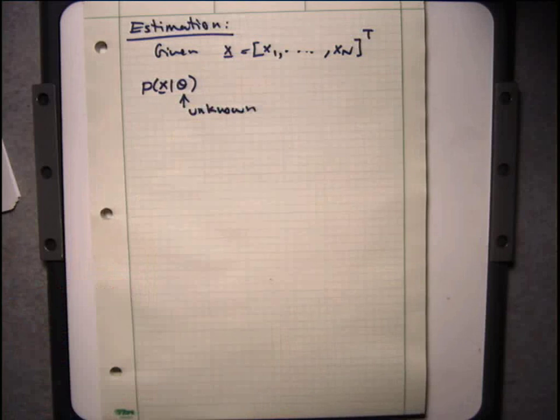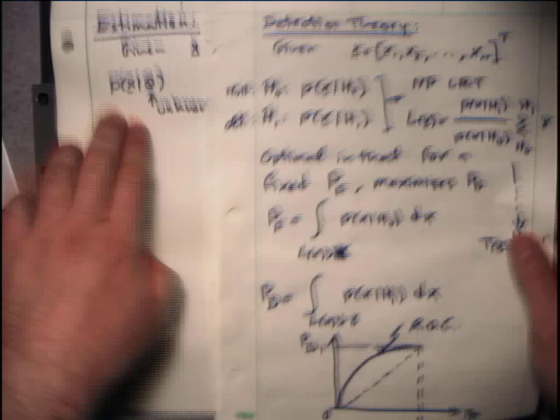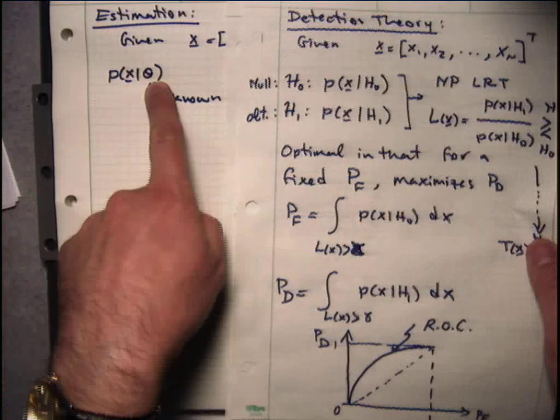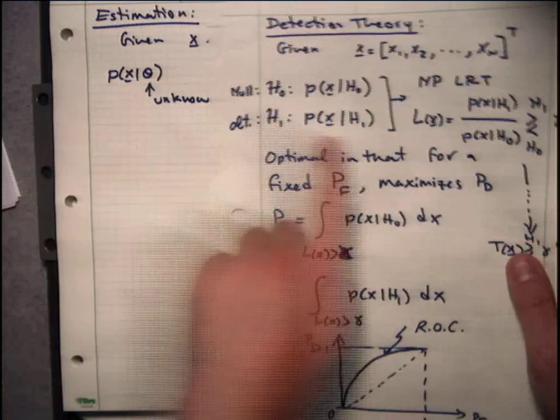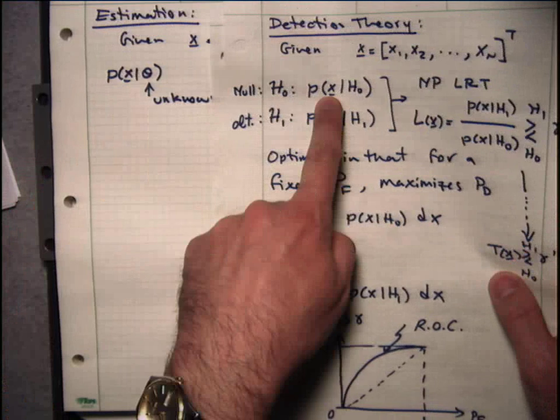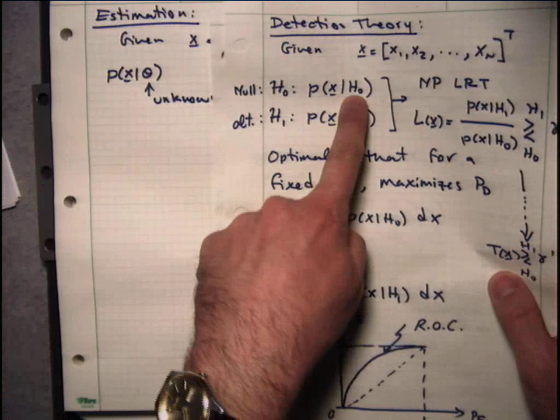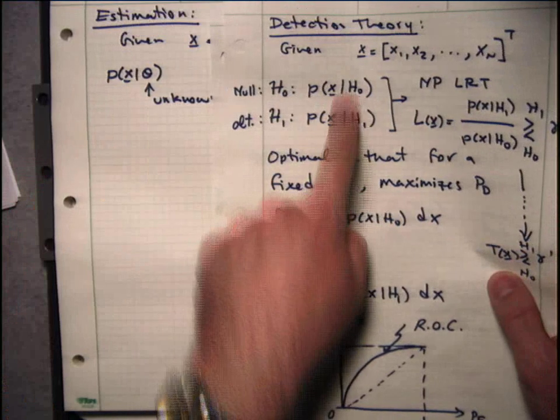parameter. Okay, now let me just step back for a second to the detection scenario. Look at what we're writing here: p of x given theta, where theta is the unknown, right? What did we do for detection? We have p of x given Hi, where i is the unknown, right?